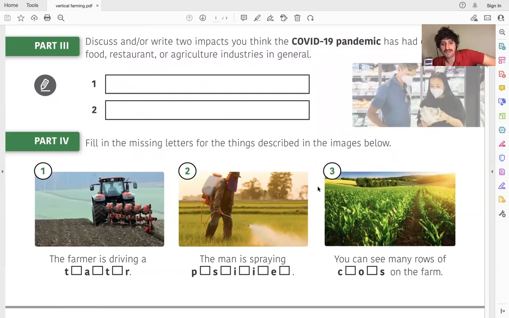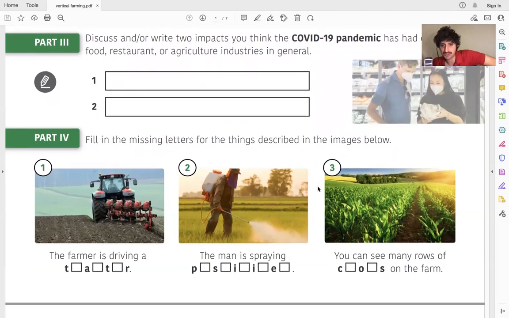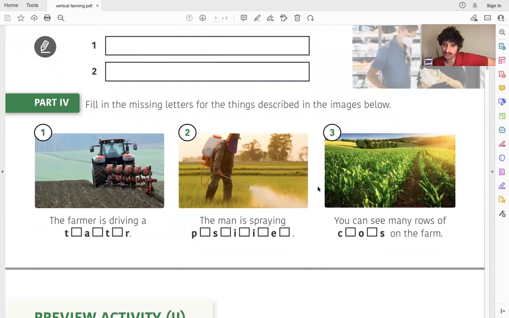So in number two, we have a man who's spraying pesticide. Pesticide kills bugs and insects, as I mentioned before. Pesticide is a word. Very good. And here we have the third one, a very nice picture. We can see a lot of rows, right?